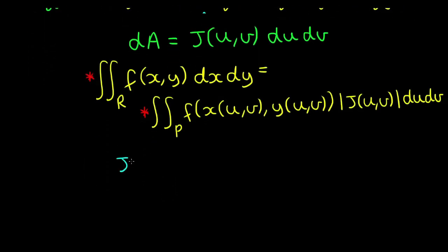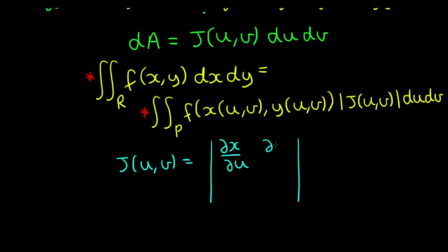And noting the Jacobian can be written in determinant form to make it easier to remember. So we take the partial of x with respect to u and v in the first row, and the partial of y with respect to u and v in the second row. And we'll look at some examples to make this clear.